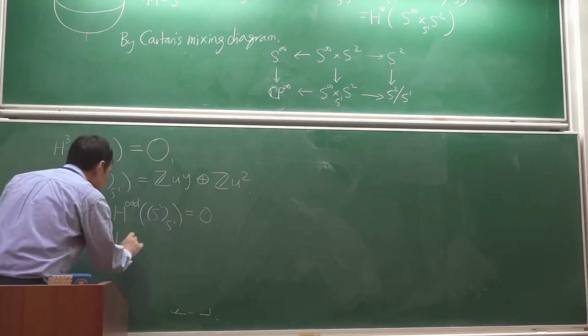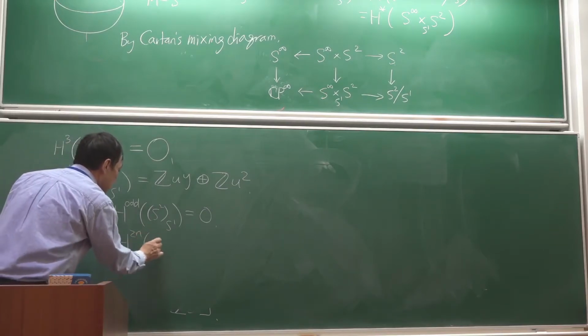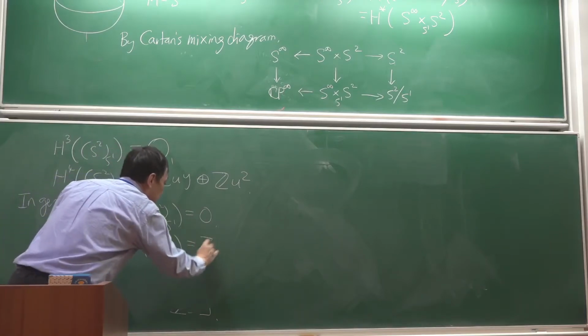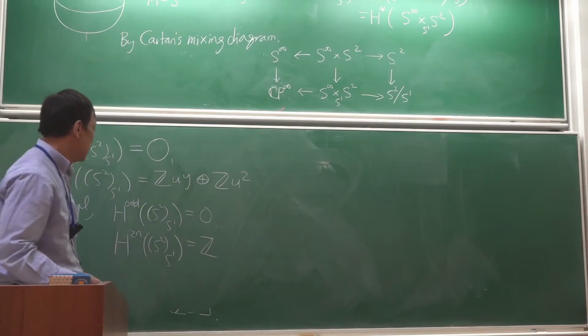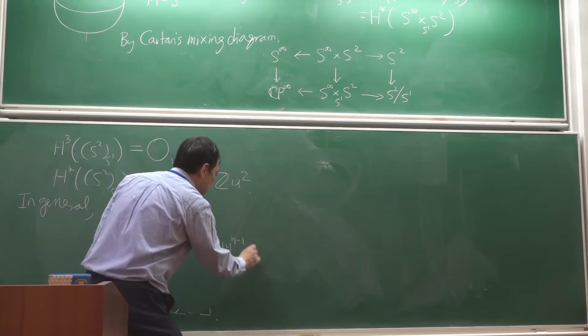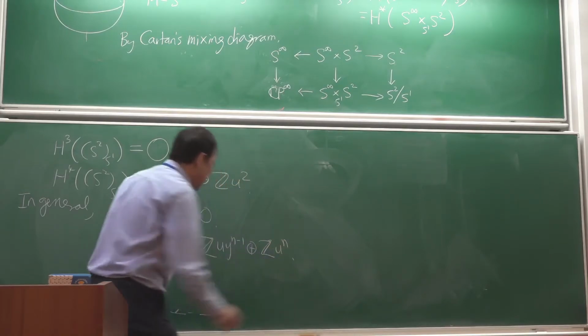And then in the even degree, H of 2n S2, S1 will be ZU Y to the n minus 1 plus direct sum ZU n.